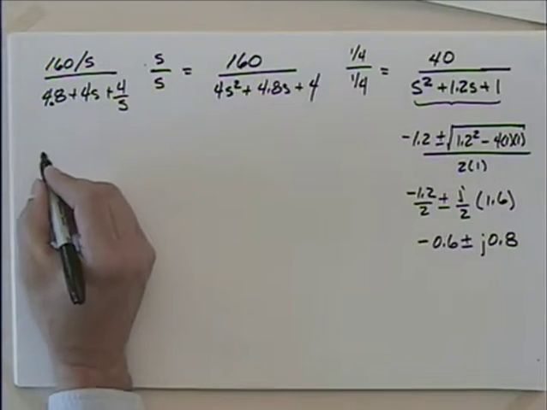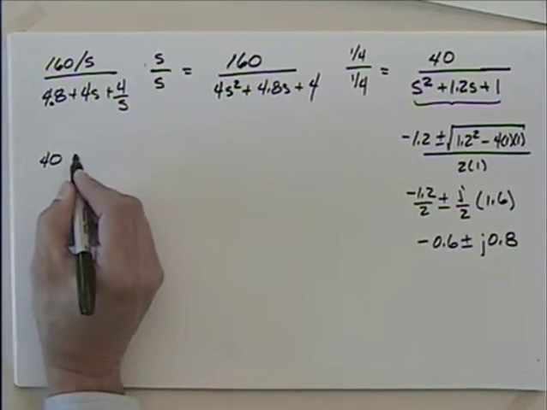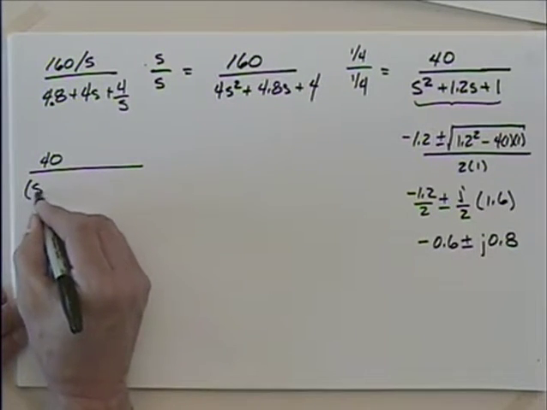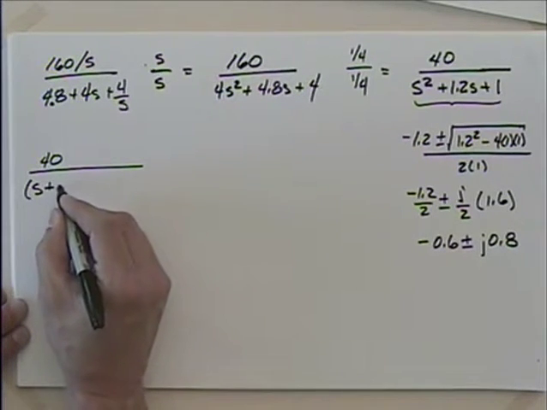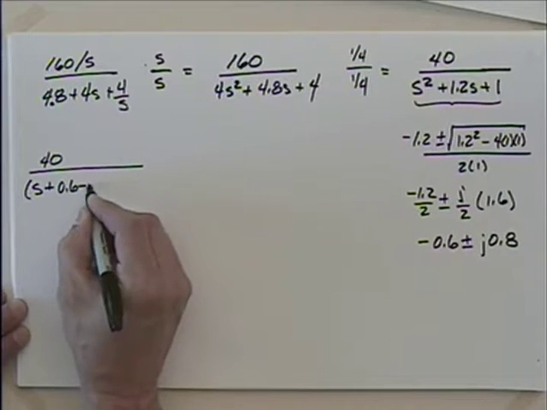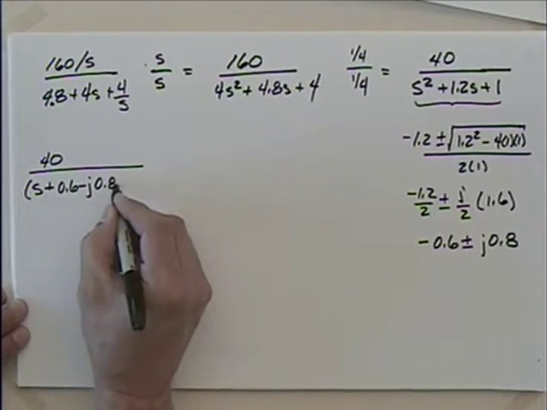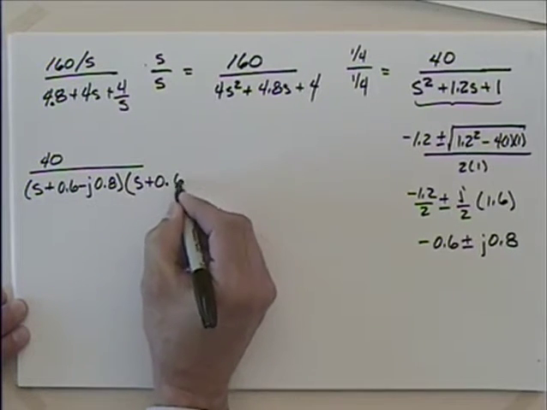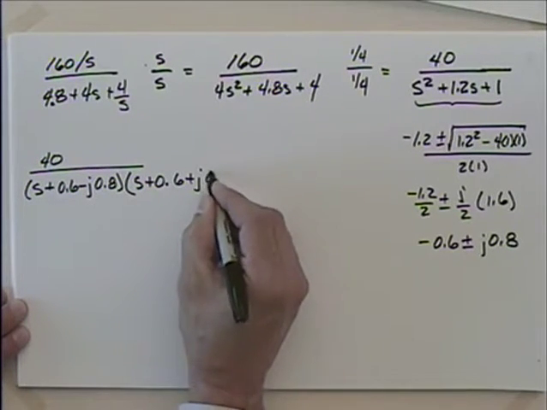So we could rewrite this thing then as 40 divided by, my terms are s plus 0.6 minus j 0.8, and the other one is s plus 0.6 plus j 0.8.